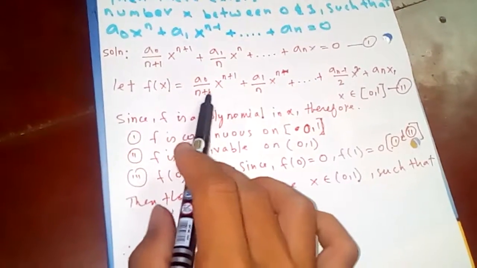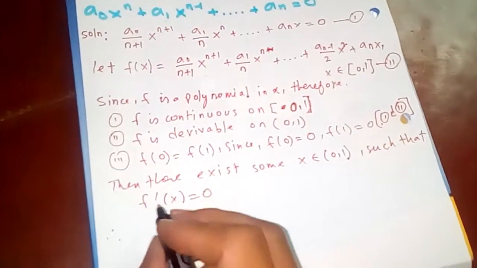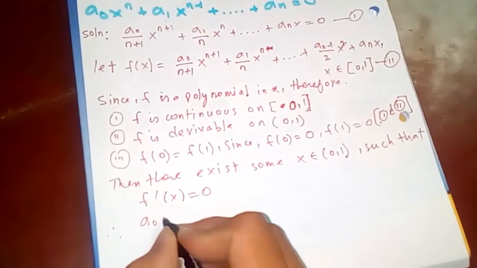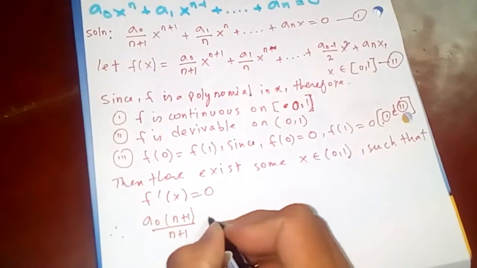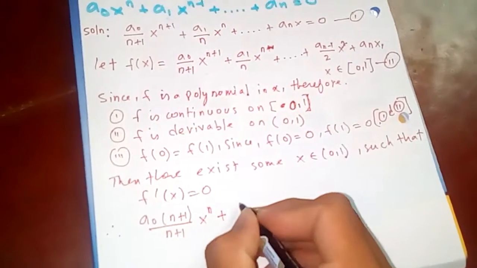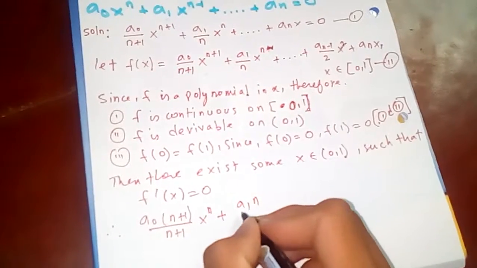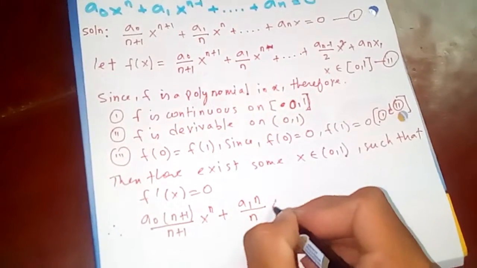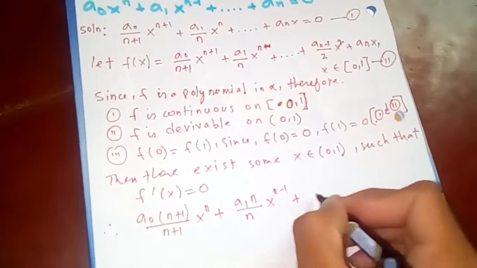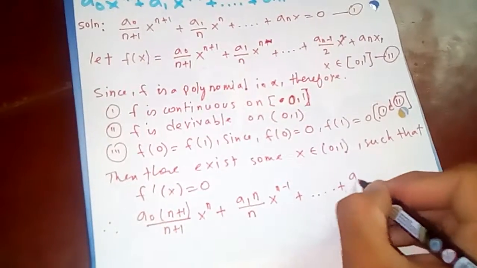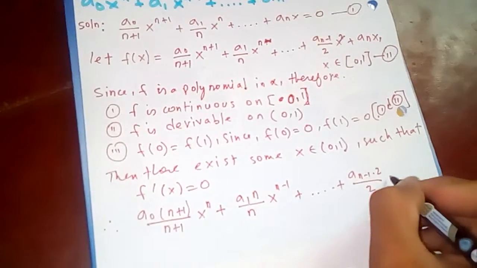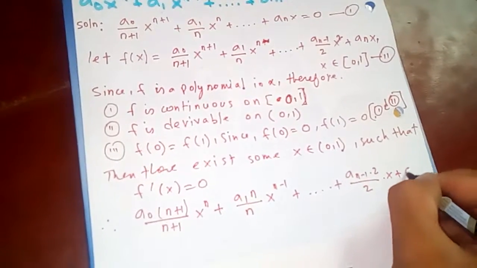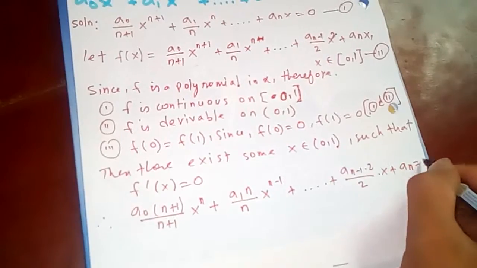If you take the differentiation, what you will get is a naught n plus 1 over n plus 1 x to the n plus a1 n over n x to the n minus 1 plus and so on plus a n minus 1 into 2 over 2 into x plus an, which is equal to 0.